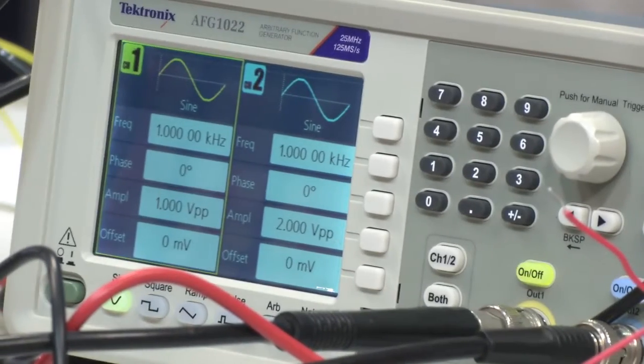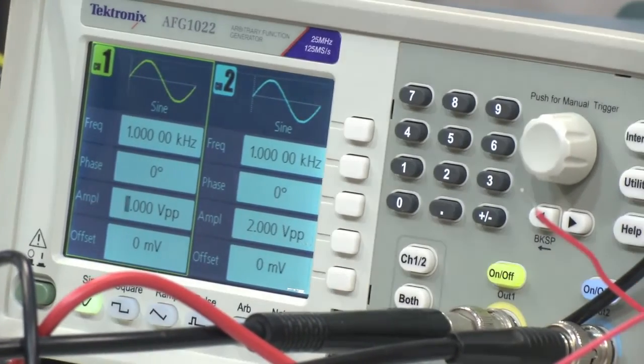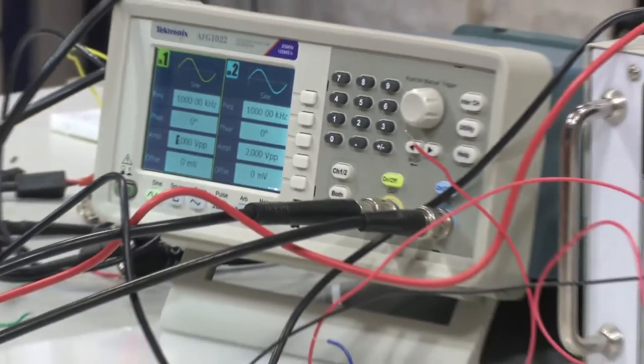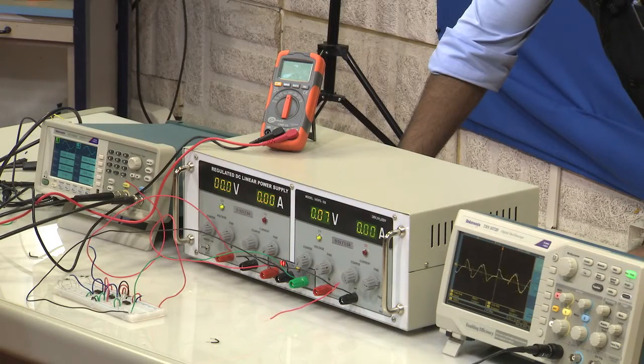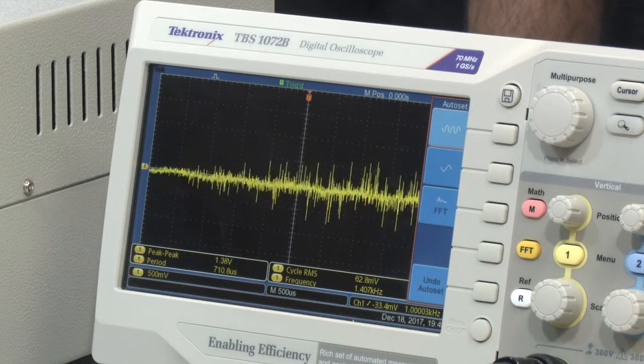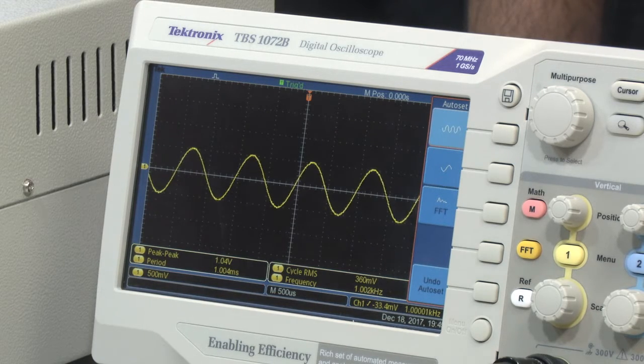frequency we have set at 1 kilohertz, phase is 0, offset is 0, and now we are connecting again to check whether it is 1 volt or 2 volt with the oscilloscope. As you can see, ground with ground, signal with signal, and then we have to understand whether it is correct or not, and we see it is okay.